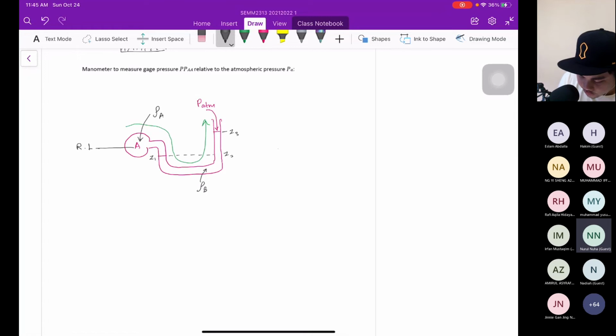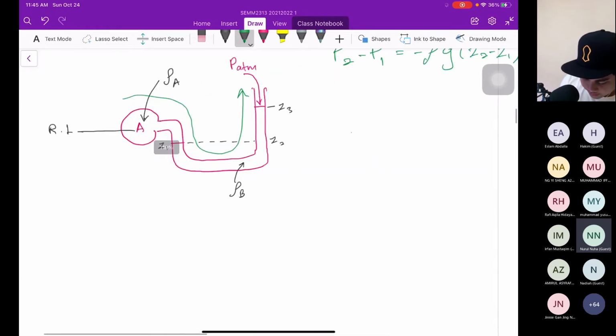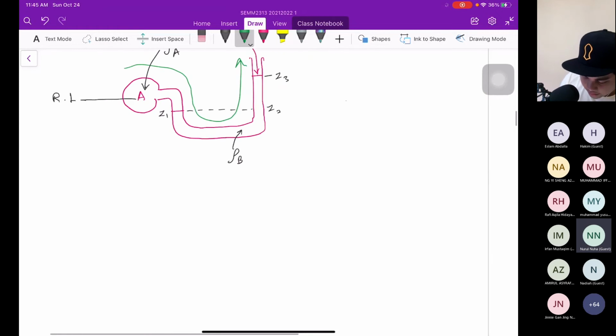Remember our hydrostatic equation? P2 minus P1 equal to negative rho g, Z2 minus Z1. So we start with P from here, A going to Z1. So what's our equation?